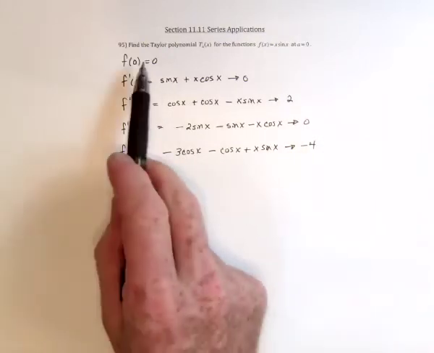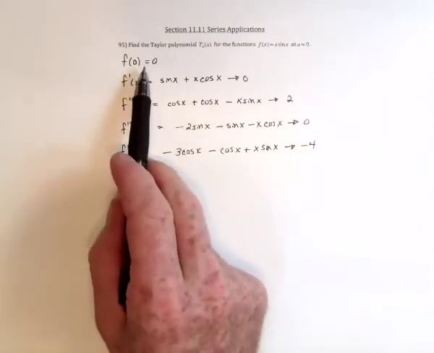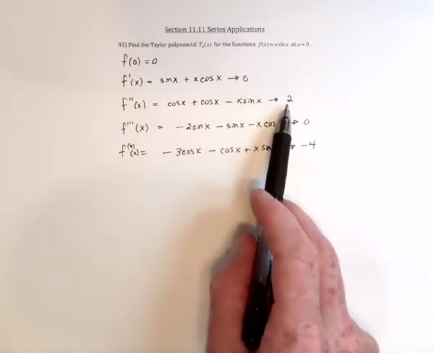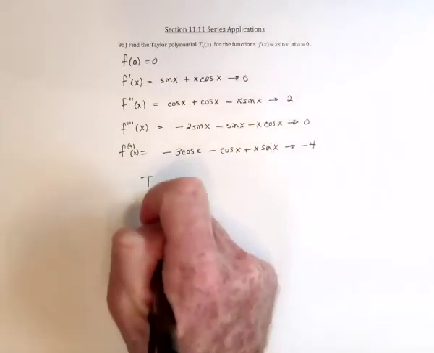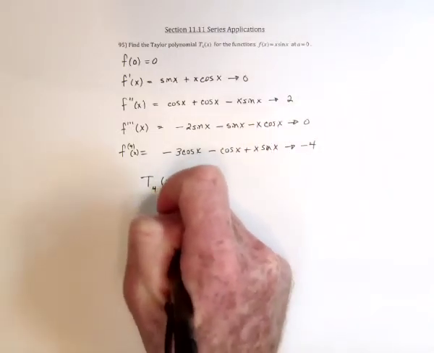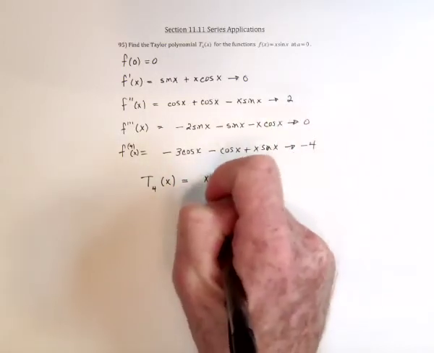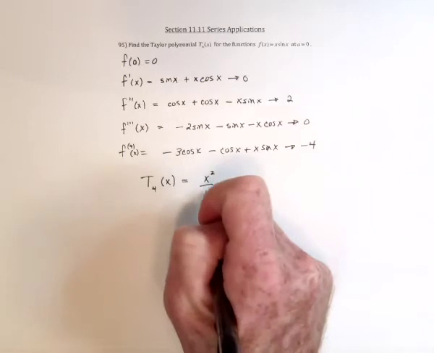Okay, so this would be the first term, and then this times x, and then this times x squared over 2. So we've got Taylor polynomial up to the 4th degree is going to be this times x squared over 2 factorial.